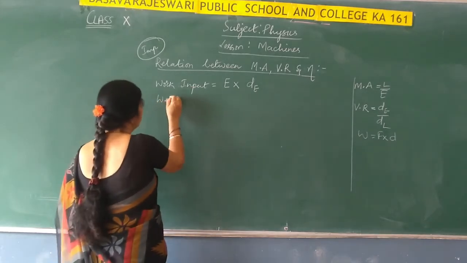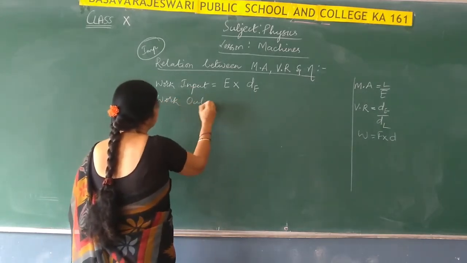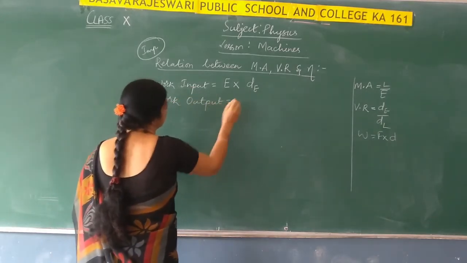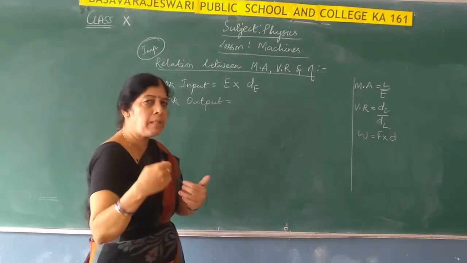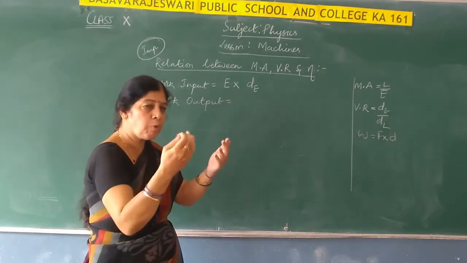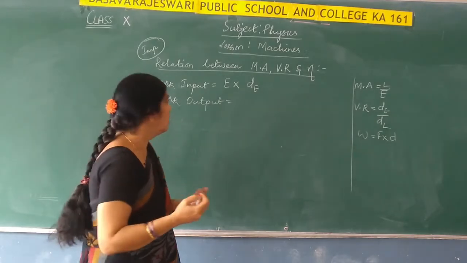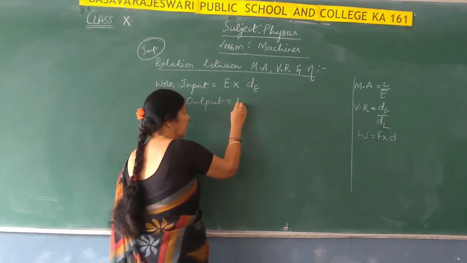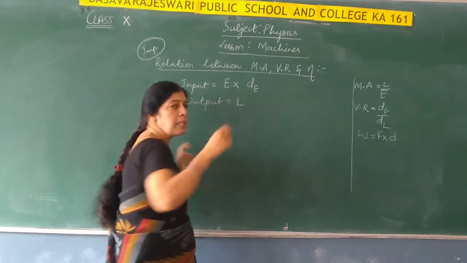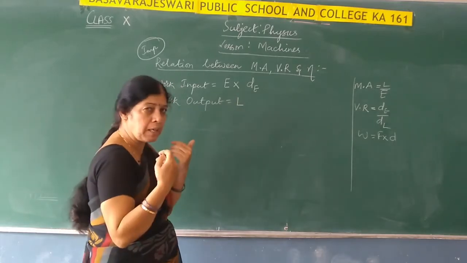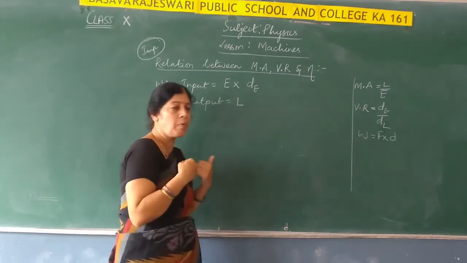Likewise, work output will be equal to what is the work done by the machine for us? How much force are we getting? How much load are we able to lift? That is called load here. Again, F into D. F is nothing but force. How much load are we lifting? How much force are we overcoming?